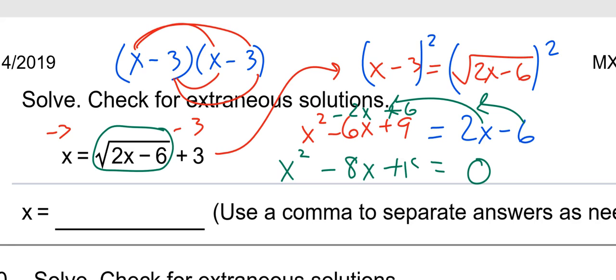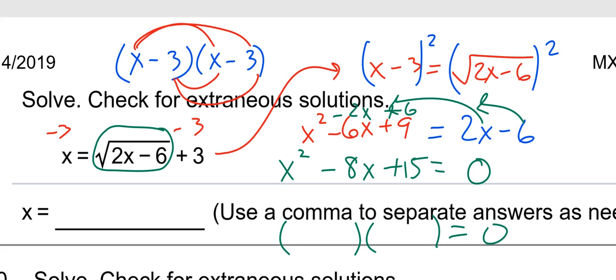Okay, now, your choices at this point are to factor it or to use the quadratic formula. I think factoring would be nicer, but if you don't like factoring, you could use the quadratic formula. Take your favorite pick and go. Factor it or use the quadratic formula.